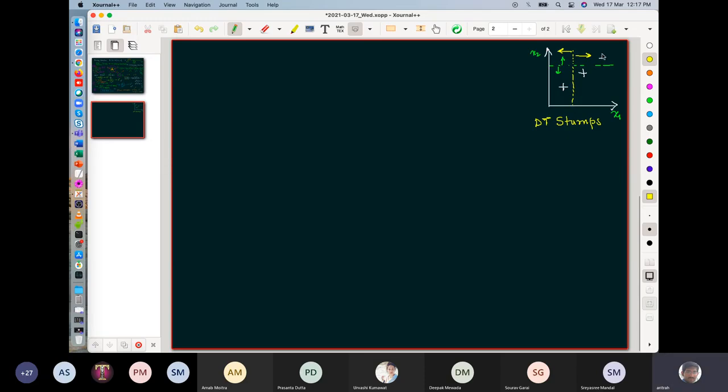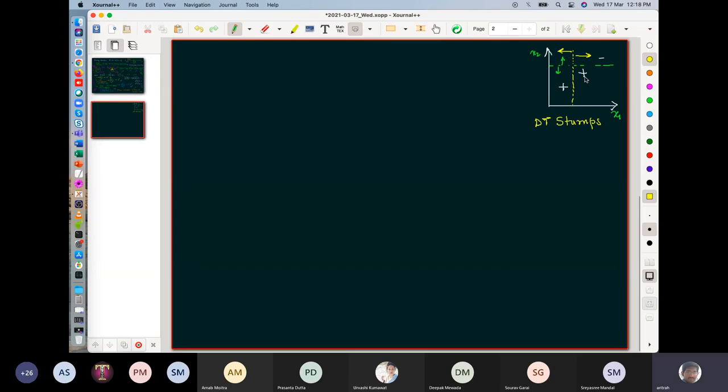How many such decision stumps can be possible if there are 3 points? 6 in one direction, 12 in the other, right? If this yellow line is put, all of the right points my hypothesis can tell plus, all of the left as minus, and vice versa.